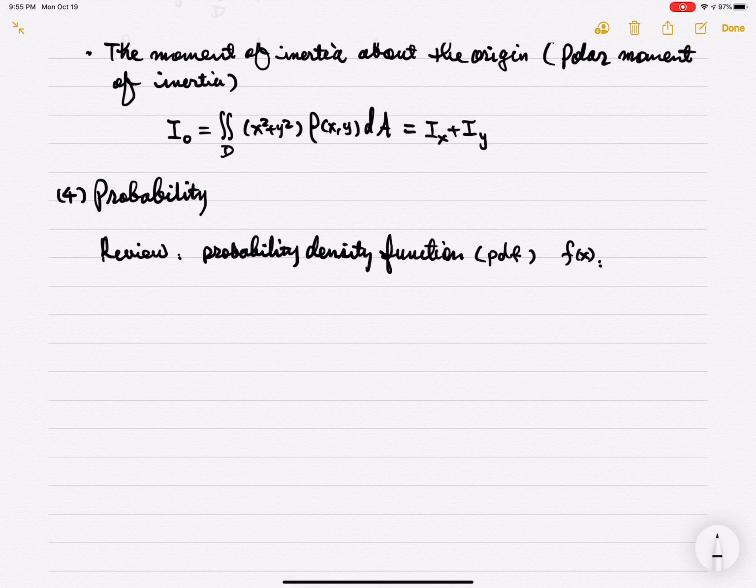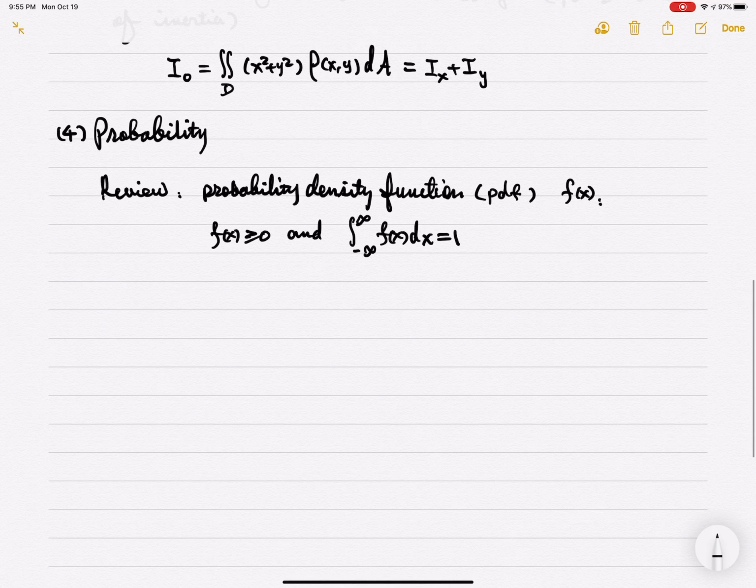Now this function must satisfy two conditions. One is f(x) must be non-negative. And secondly, the integral from negative infinity to positive infinity of f(x) must equal 1. Then the probability of the random variable x being between a and b is equal to the integral from a to b of f(x) dx.